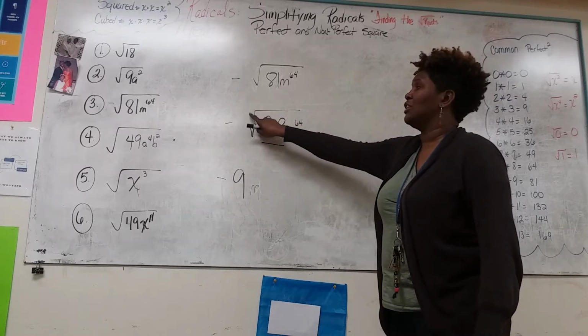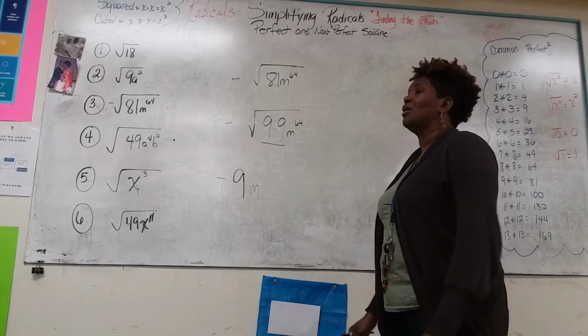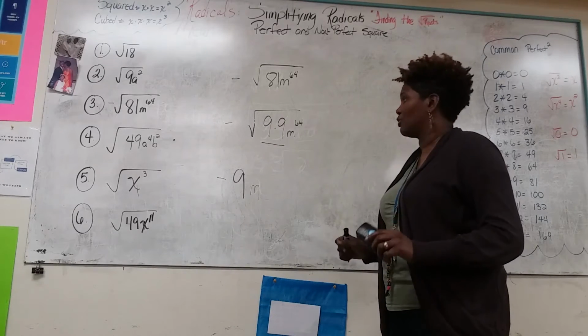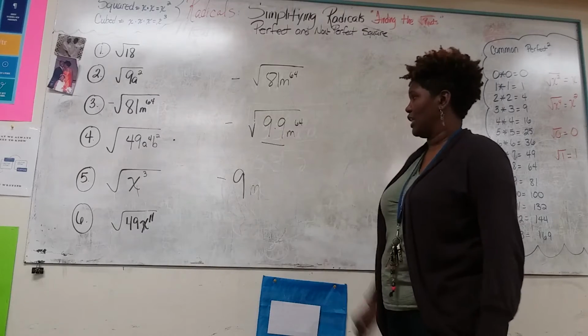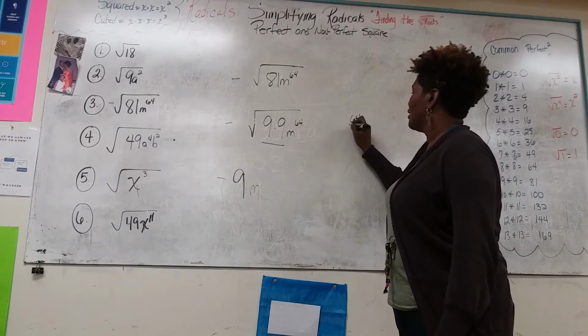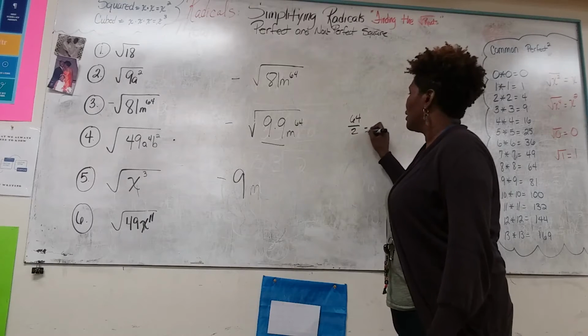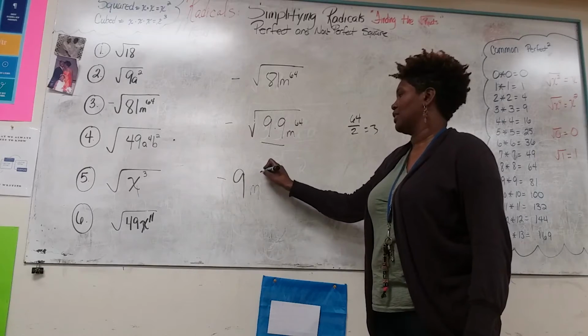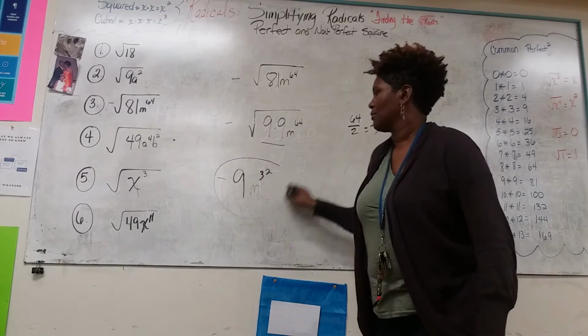Since I don't see a number, the number is automatically 2. When you don't see a number, the number is automatically 2 for your index. So 64 divided by 2 is 32. So my answer is negative 9m to the 32nd.